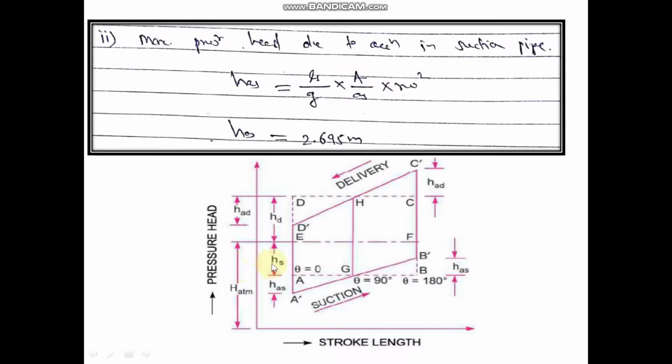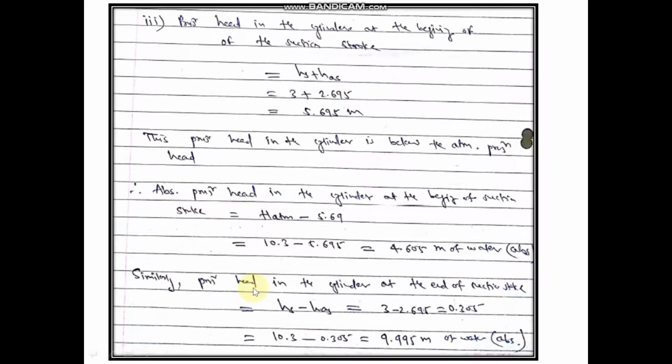So atmospheric pressure head minus HS plus HAS will be pressure head at the beginning of the suction stroke in absolute pressure scale. So its value becomes 4.605 meter of water.